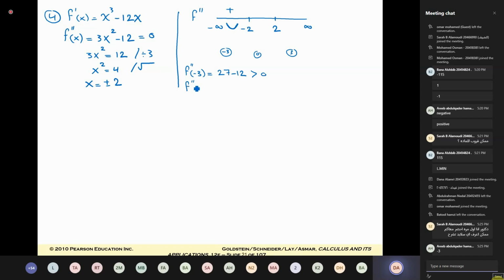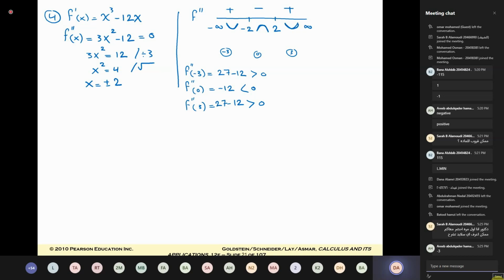F double prime of 0 equals negative 12, this is negative, so this is concave down. F double prime of 3, we have also 27 minus 12 greater than 0, so this is concave up.